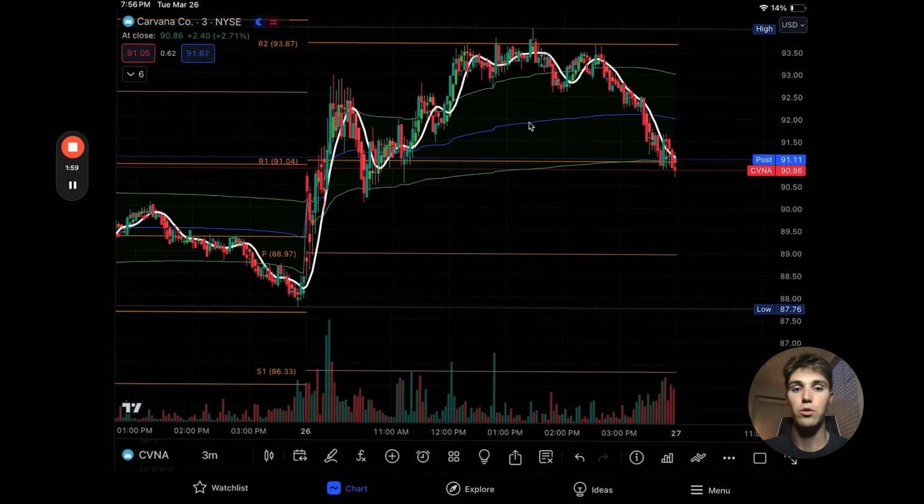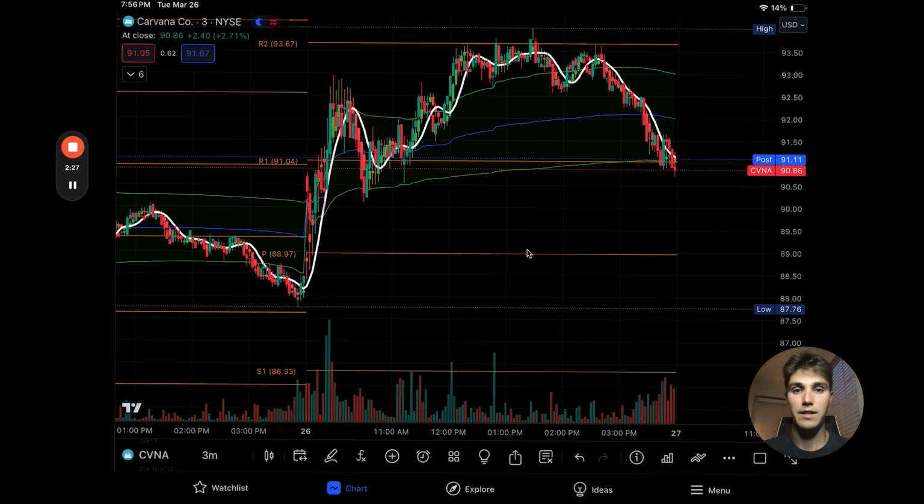So for example, the blue line VWAP, which is volume weighted average price, all you're going to do is look up VWAP or volume weighted average price, just add it. For the pivot points, I use the pivot point standard. You obviously want to add volume, which is down here at the bottom because that's going to drive the actual price. And then you want to add the 200-day moving average, which I don't have on here right now, but that's definitely one you want to have on there.